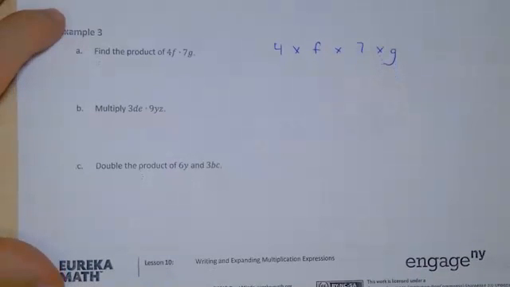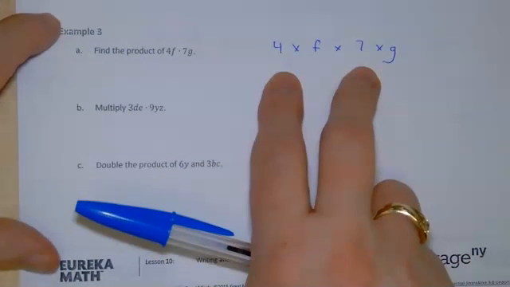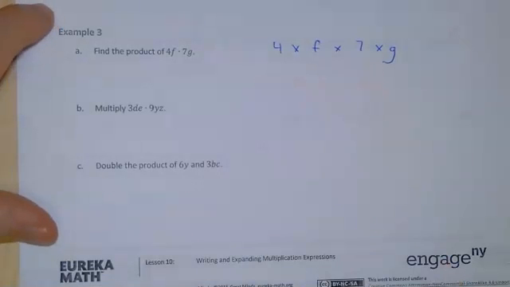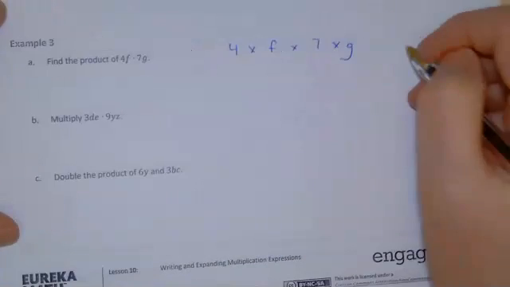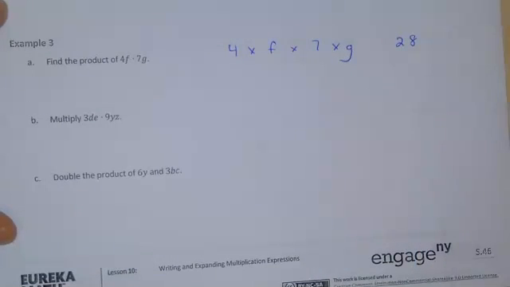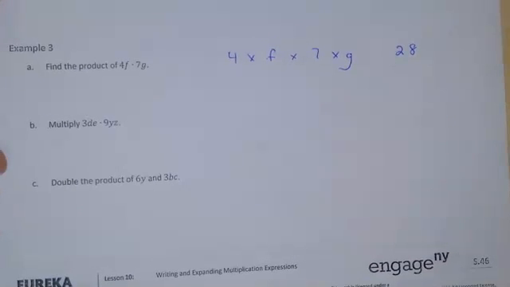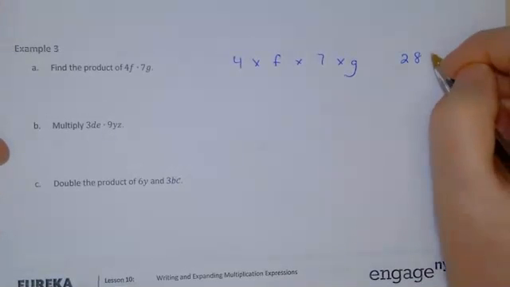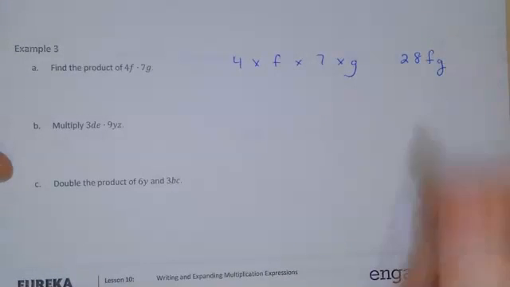Tyler, what two numbers do I have? So 4 times 7, who knows it? Derek? 28. And what do I do with the letters, Derek? Nope. 28. Perfect.